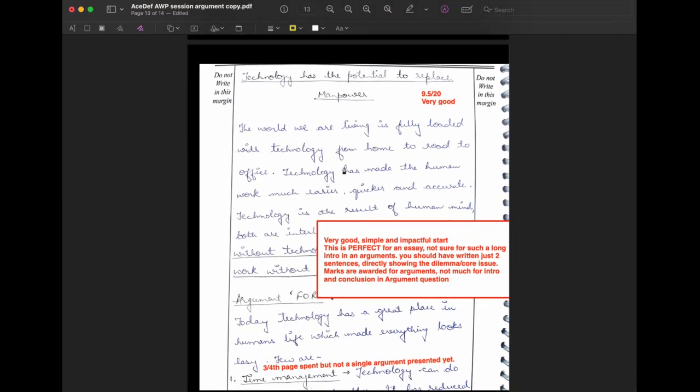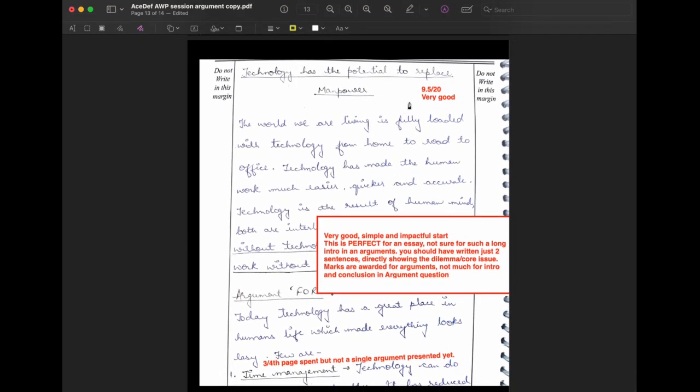This is another thing. This one had a good power of expression, if I recall. Technology has the potential to replace manpower. Now this has been the discussion since AI came to power, that artificial intelligence will replace us or not and all that. Now this candidate has written argument for here, okay, and he or she has written with the capital FOR. So I'm clear, okay, this is for from downstairs.